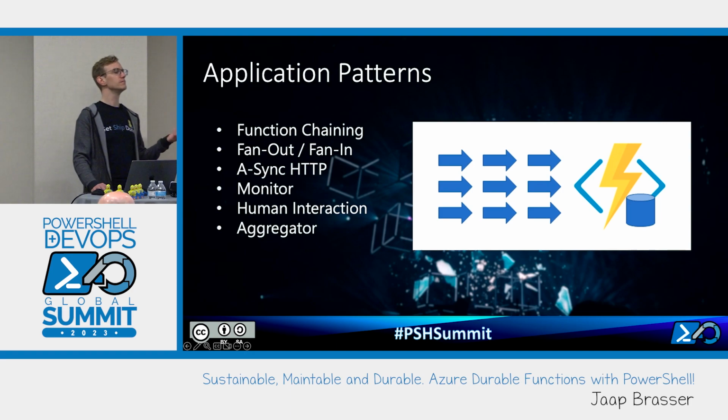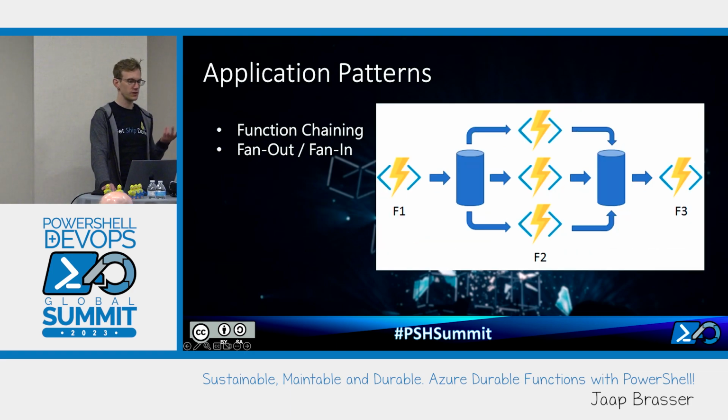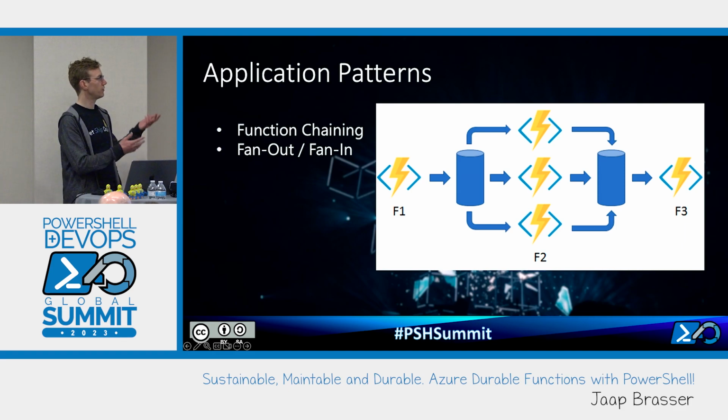So the question is, do you have any kind of control over how much you scale out? Yes, you do. That is what you define in your orchestrator function. So your orchestrator function is just a PowerShell script. So it is, however, you would normally control it when you're writing a script.